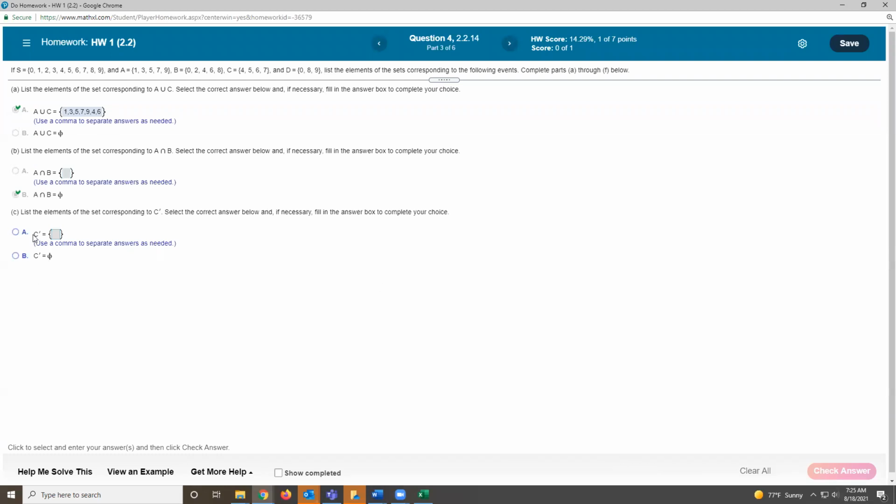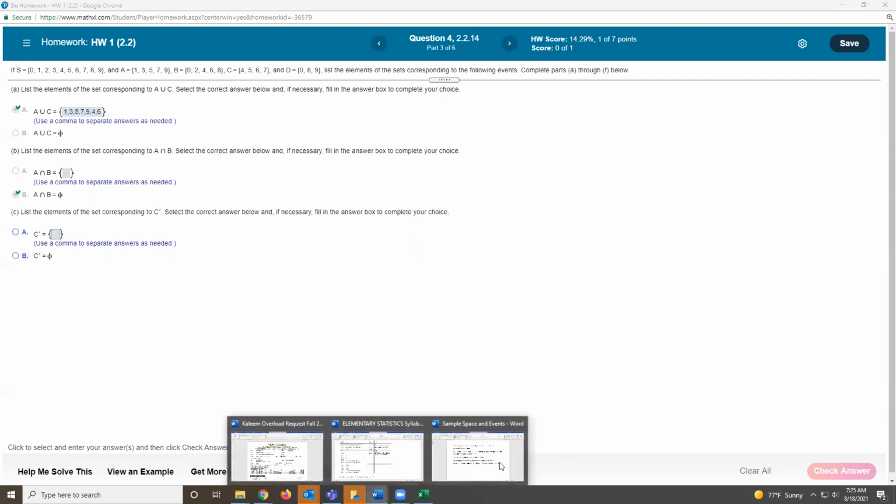C complement means, C prime means the complement of C, which means all those elements that are in the sample space but are not in C. So let's write this down.